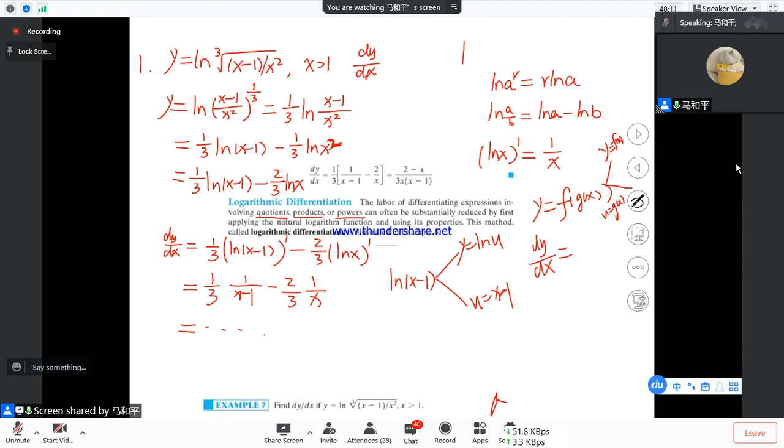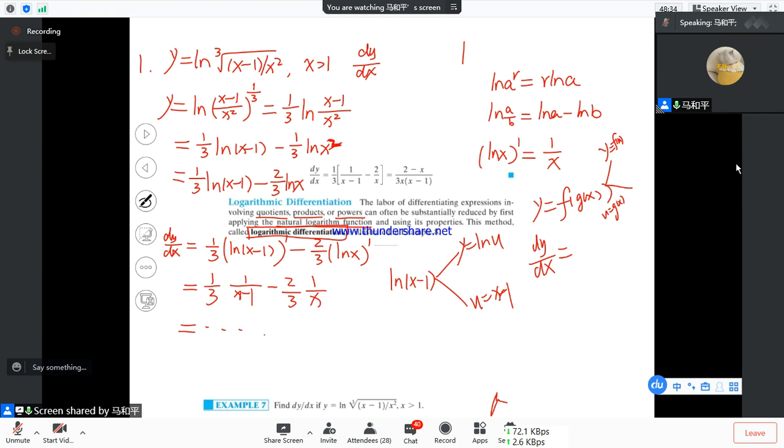They can often be substantially simplified by first applying the natural logarithm function and using its properties. This method is called logarithmic differentiation. It is illustrated in example 8.